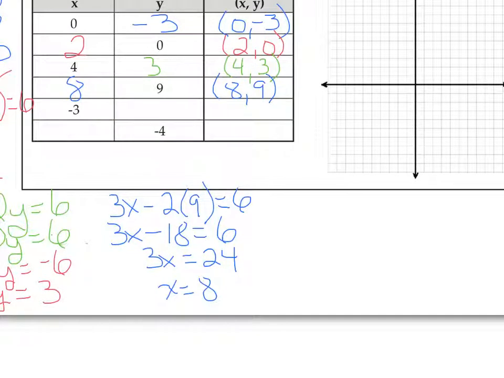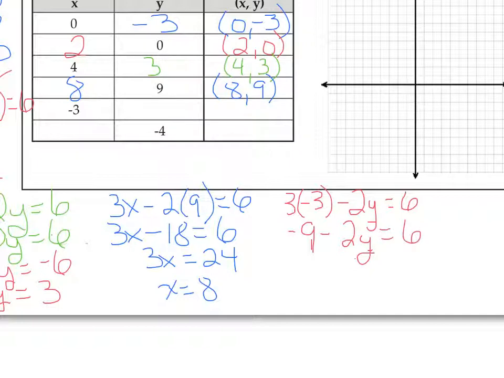So the next one we're going to use is x equals negative 3. So 3 times negative 3 minus 2y equals 6. 3 times negative 3 is negative 9 minus 2y equals 6.